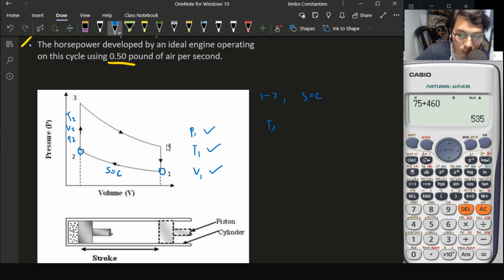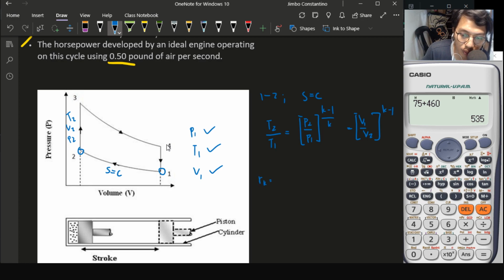Let's start with T2. T2 over T1 equal to P2 over P1 raised to K minus 1 over K equal to V1 over V2 raised to K minus 1. So, hanapin muna natin yung RK.